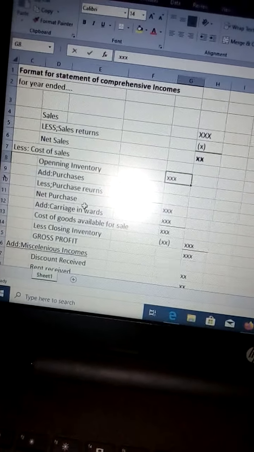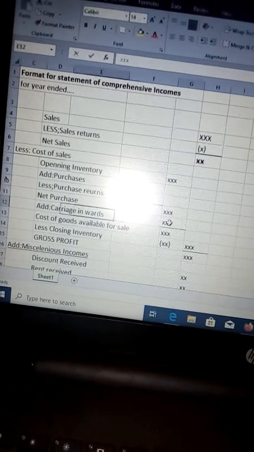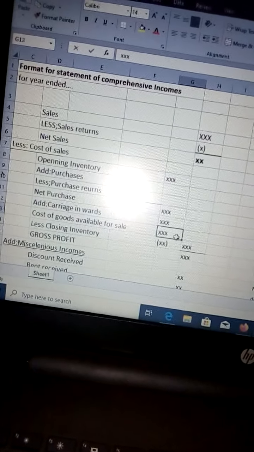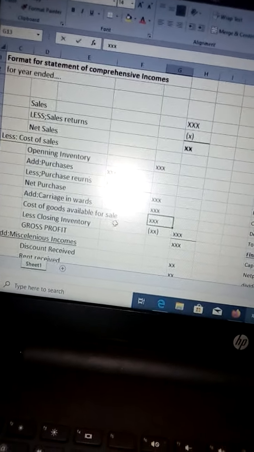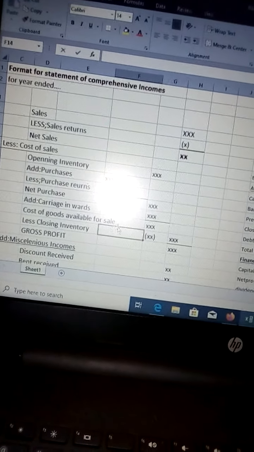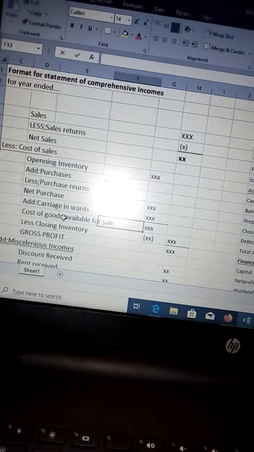If there is any carriage inwards, you add it, such that you get the cost of goods available for sale. Some books for college accounting call it just goods available for sale.